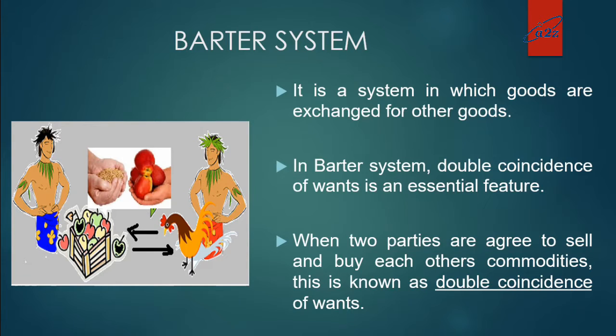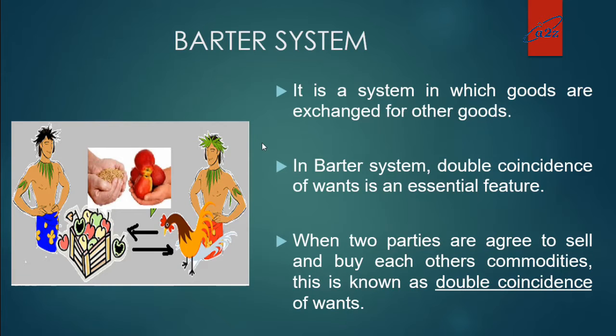It means when two parties agree to sell and buy each other's commodities. This is known as double coincidence of wants. So, what is barter system? When there are two persons, one is seller and another is buyer, and they are ready to buy each other's goods, or we can say they want to buy and sell each other's goods, that is called barter system.